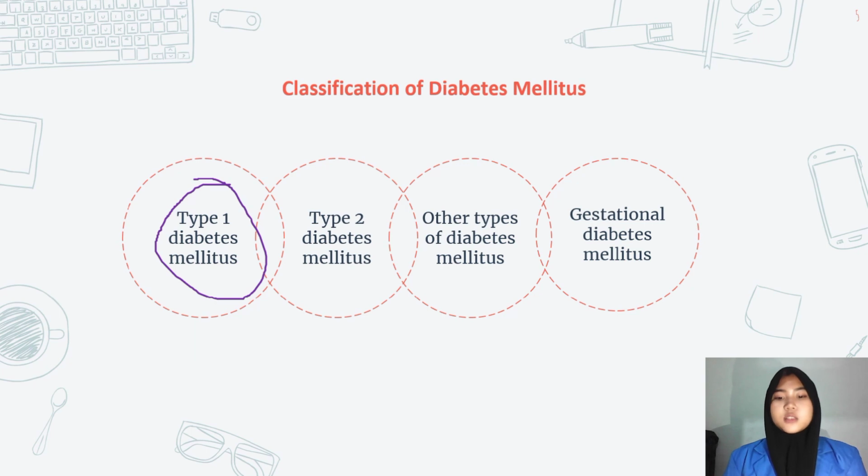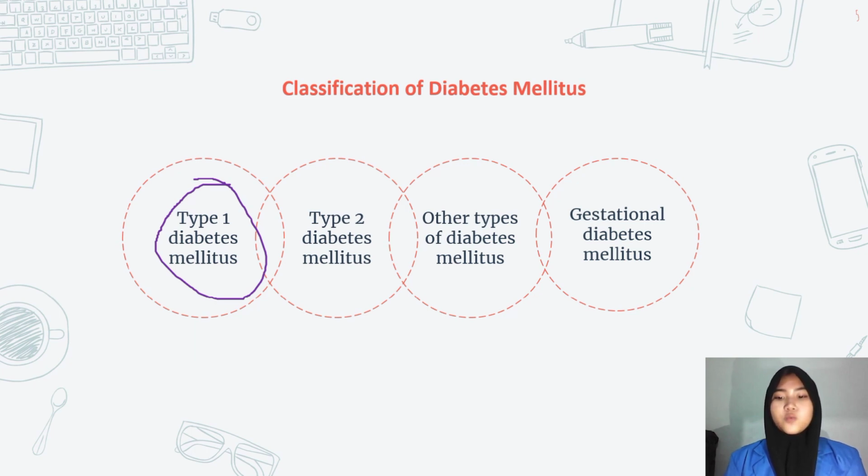The causative factor for type 1 diabetes mellitus is a viral infection or damage to the immune system, caused by an autoimmune reaction damaging the insulin-producing cells in the pancreas.